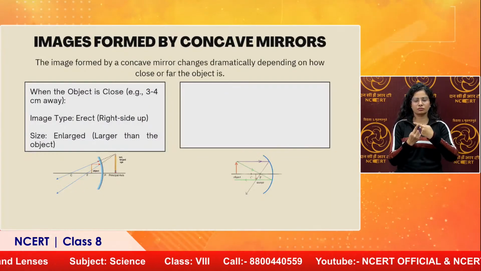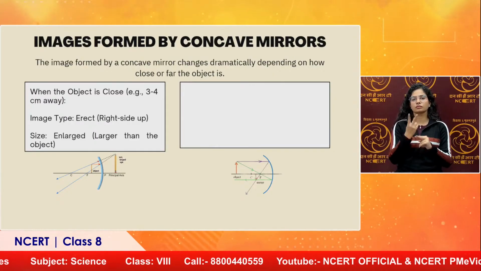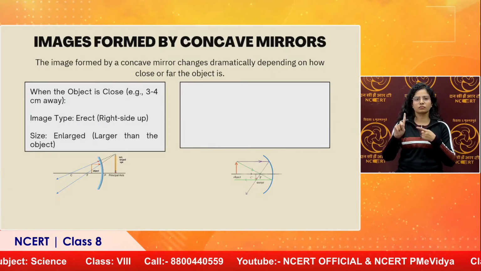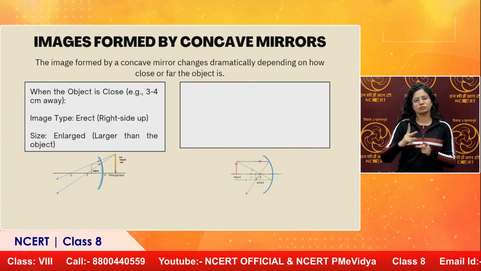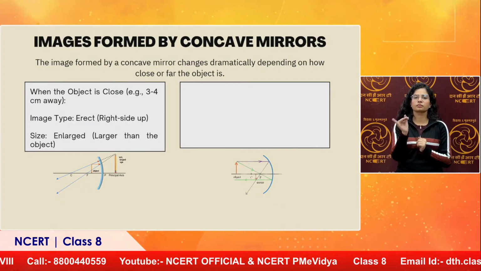We can also understand it better through a slide. Now we'll see the image formed by concave mirrors. A concave mirror has 6 different cases, 6 different positions of the object wherein image formation takes place.